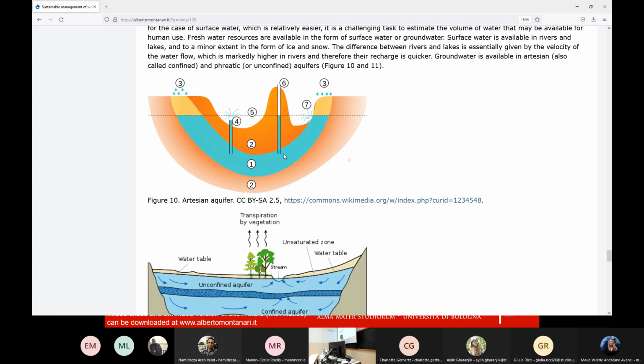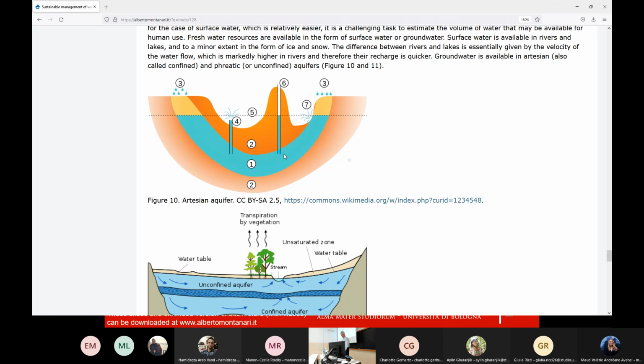But actually, let's focus on the valleys, because usually we need to take water from valleys. And groundwater resources are not used in the mountains usually because they are too deep, okay? So in this case, if you focus on the valleys, you don't have an unconfined layer above.